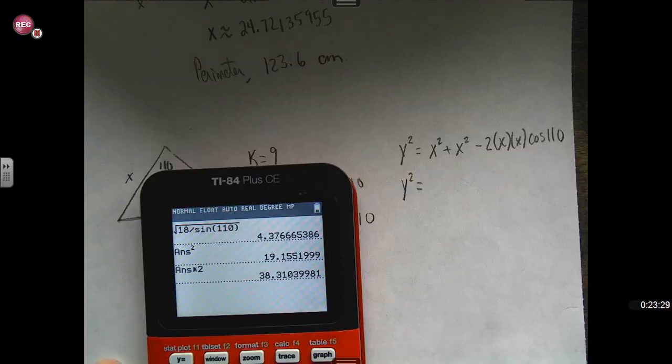And then I'm going to subtract 2 times x, which is 4.37666536, times 4.37666536, times the cosine of 110.